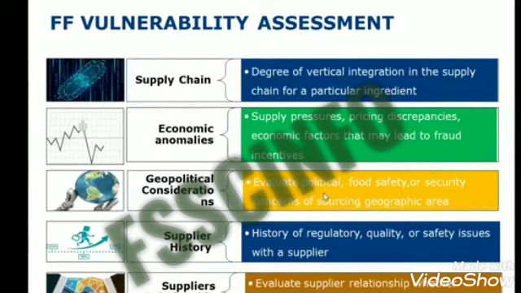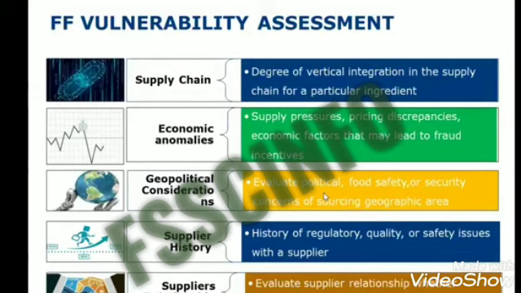The first thing is supply chain complexity. Nowadays, supply chains become vertically integrated, become more complex, and then it can lead to higher food fraud risks. So you have to identify the supply chain of your raw material, of your ingredients, of your packaging material, where you are getting them. And then second thing, economic anomalies.